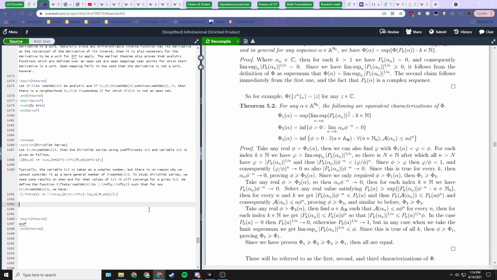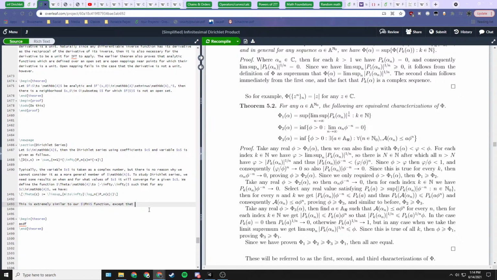So this is extremely similar to a phi function, except, well, let me figure out how I want to say this.